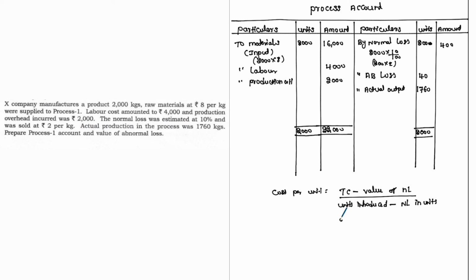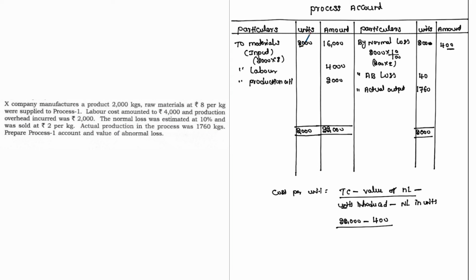So 22,000 minus value of normal loss. So value of normal loss is 400 rupees, minus 400, divided by total units introduced. So how many units they introduced? That is input.